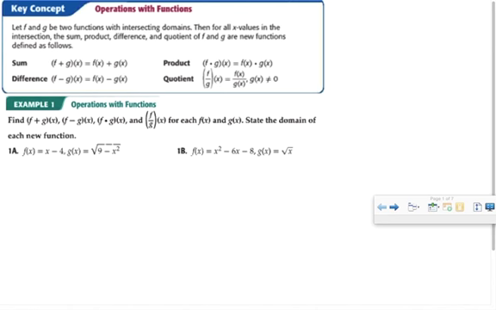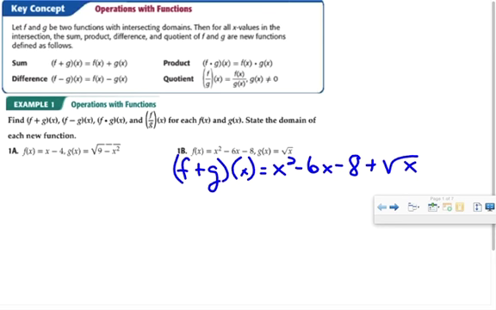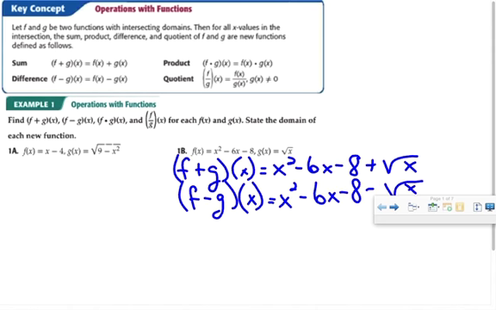In part B, once again, we're adding, subtracting, multiplying, and dividing these functions. So f plus g of x is x squared minus 6x minus 8 plus the square root of x. F minus g of x, just subtracting them this time, is x squared minus 6x minus 8 minus the square root of x.